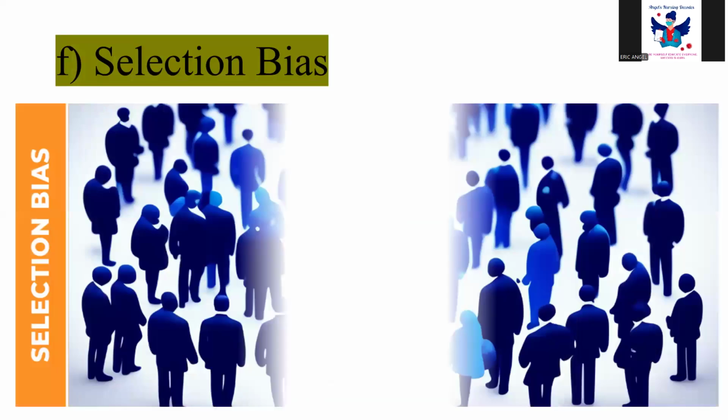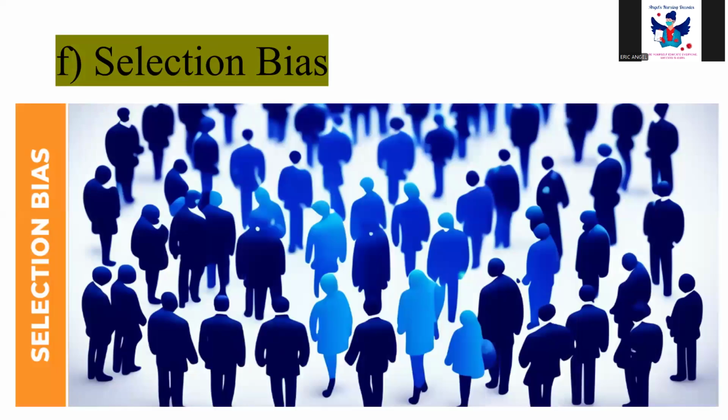Next, selection bias. If the subjects are not selected randomly for participation in groups, then there is a possibility that the groups that will be compared may not be equivalent. The effect on the dependent variable may be due to some other factors.